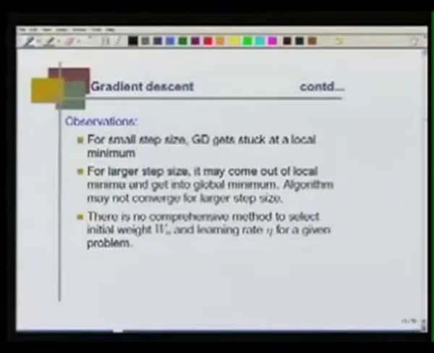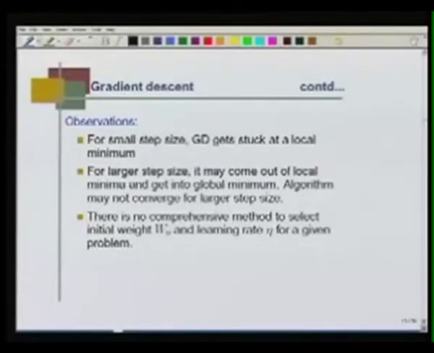If the function is complex, we have no comprehensive method to reach the global minimum using gradient descent, although heuristically we can reach near the global minimum.